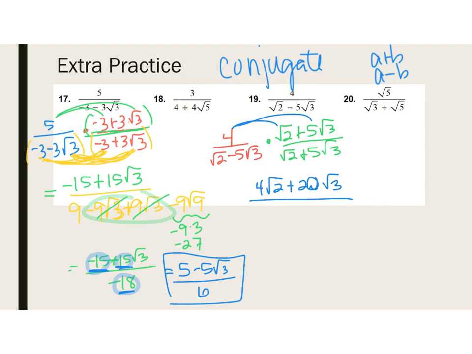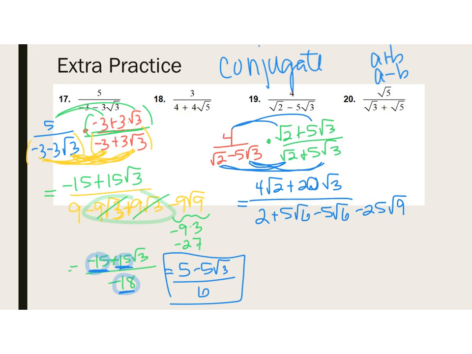And on the bottom we're going to FOIL. So first, square root of 2 times square root of 2 is 2. Outside is 5 square root of 6. Inside is a negative 5 square root of 6. And last is a negative 25 square root of 9.